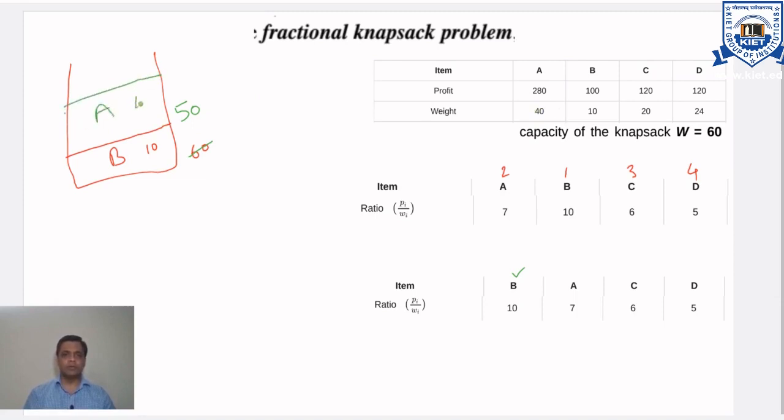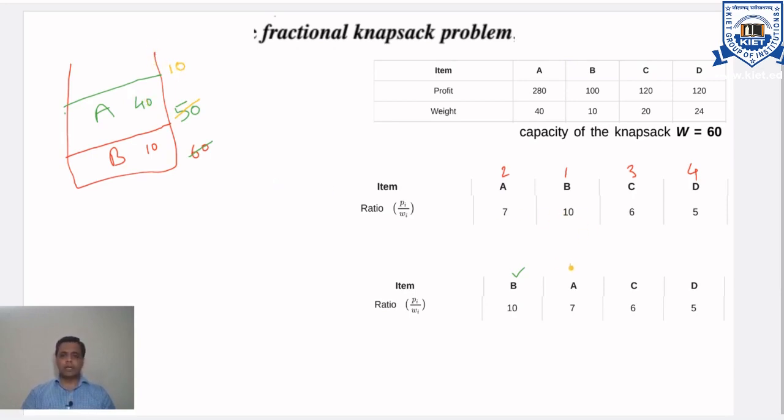A with weight 40, and now our bag capacity would remain 50 minus 40, 10. The earlier bag capacity was 50 and we put the weight 40, so the remaining bag capacity is 10.